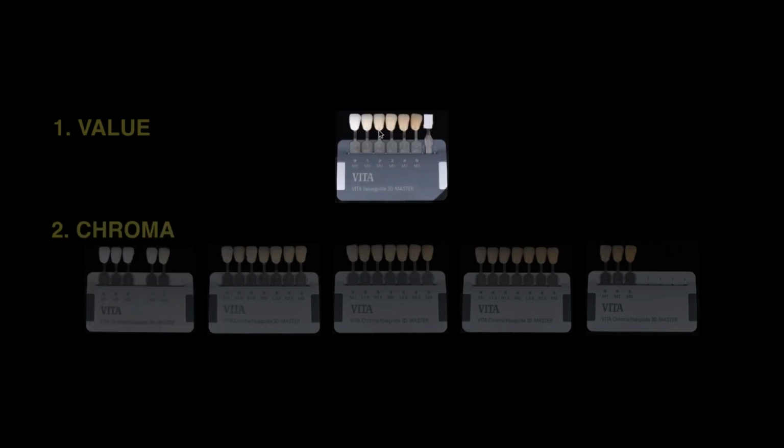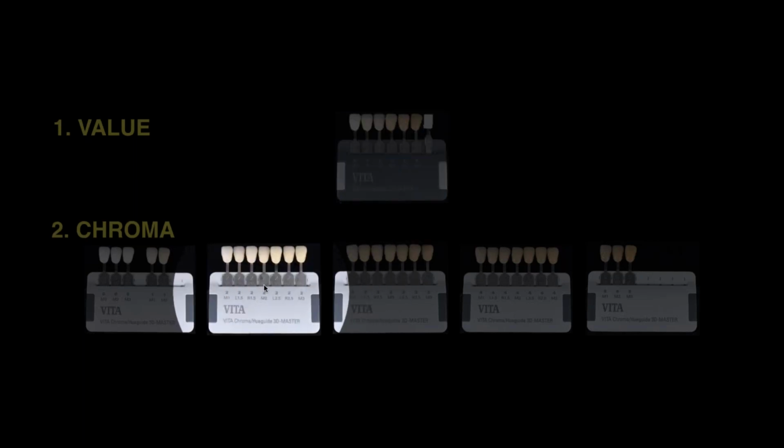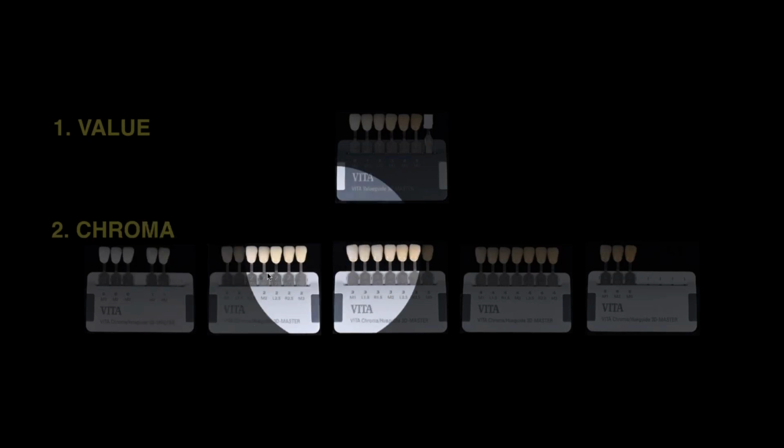So let's jump here. Let's pretend that I picked the 3 shade. Let's make it 3M1 was the base shade that I felt. I jumped down to my 3, and now all I'm looking for is, is there more chroma or less chroma?